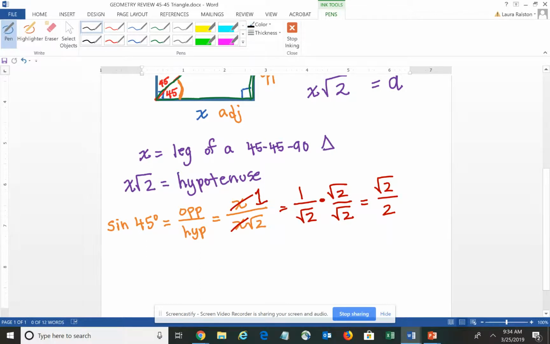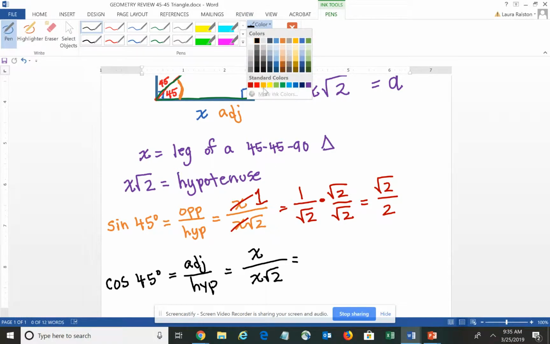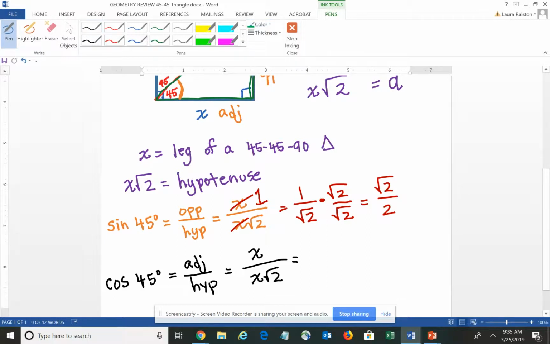If we think about the cosine of 45 degrees, which is adjacent over the hypotenuse, we would still have x over x times square root of 2. Again, if I go through that process of simplifying, I have an x in the numerator and an x in the denominator, placeholder of 1.